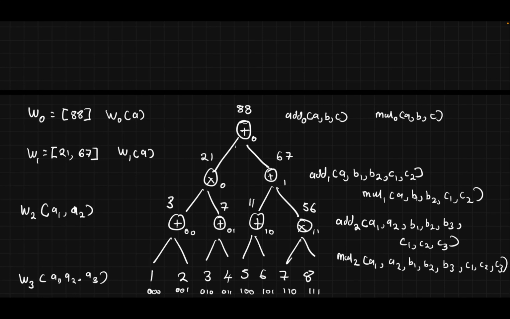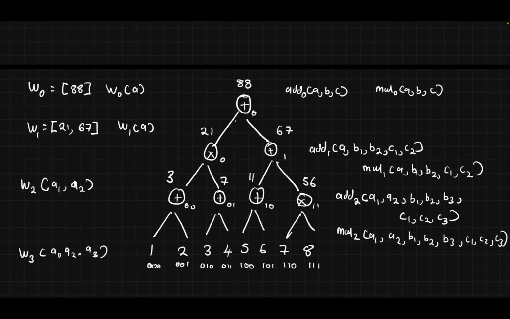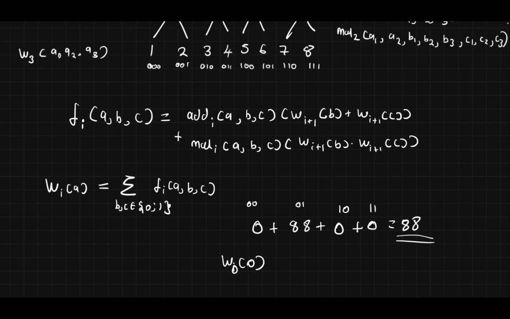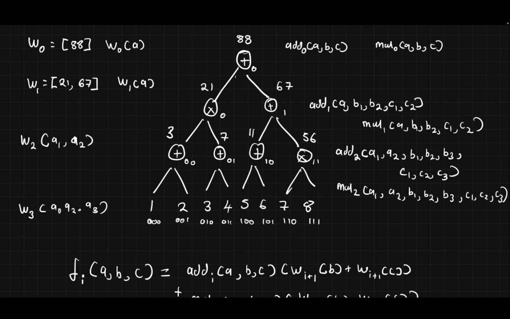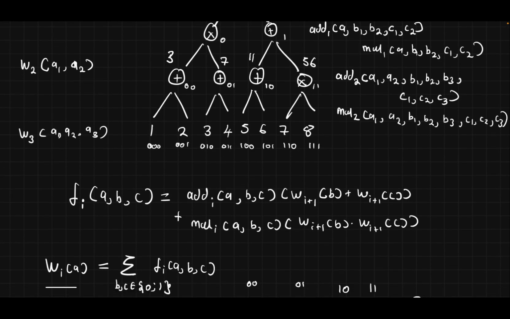So W0 is 88. W1 is 2167. Yes, those were the evaluations. So now we're saying that we can get the evaluations another way, right? We can get it by using the Fi of A, B, C polynomial. Okay?